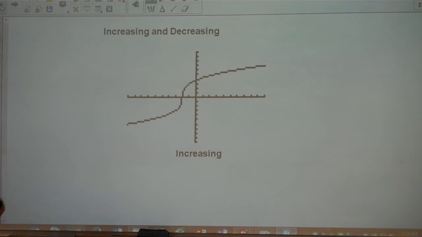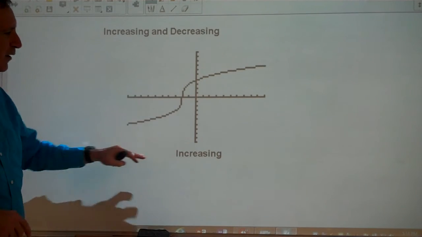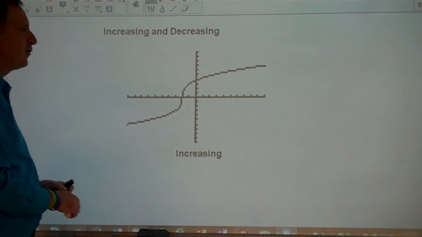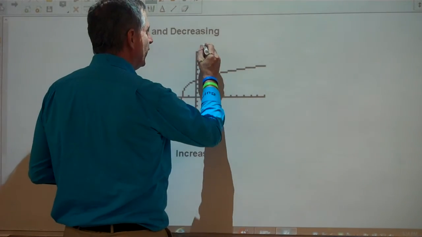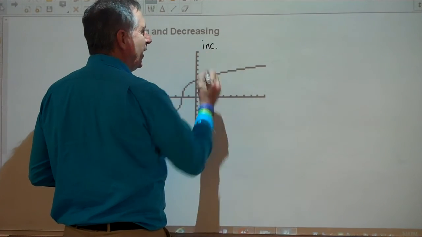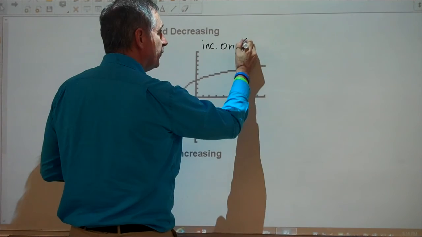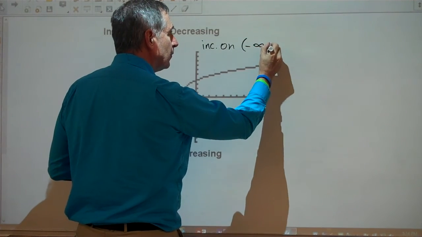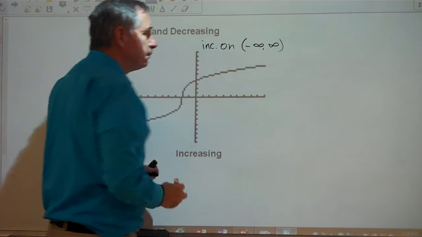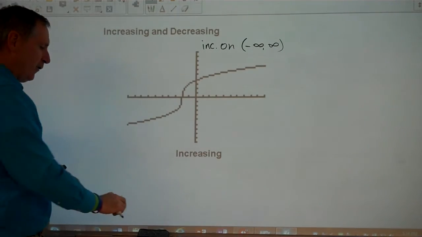And now some examples. Here's an example of a function that is increasing for all x. So we say this function is increasing, I'll just put INC, on, meaning on the interval of negative infinity, greater than negative infinity, to less than infinity.